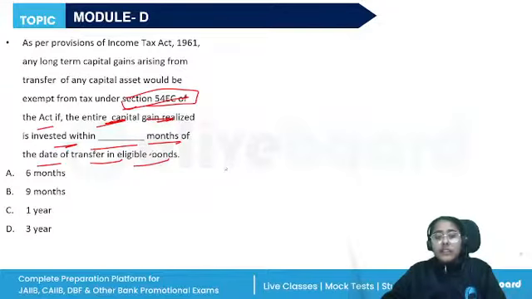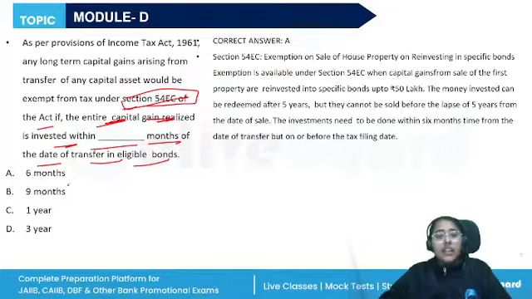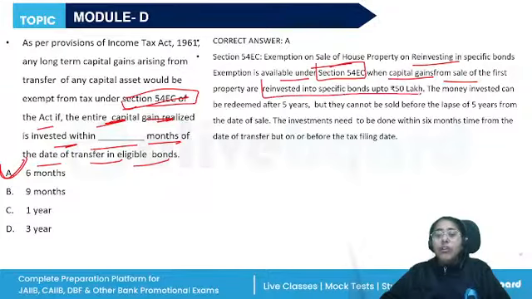So the correct answer will be option A, which is 6 months. So exemption on sale of house property, on reinvesting in specific bonds, exemption is available under section 54 EC when capital gains from the sale of the first property are reinvested into specific bonds up to rupees 50 lakh.